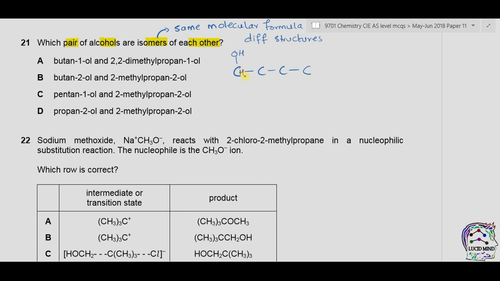Rest are hydrogen atoms. So the molecular formula is C4H10O. Second is 2,2-dimethylpropan-1-ol, so in the long chain we have 3 carbon atoms as it is propane, and on the second carbon we have 2 methyl groups attached, while on the first carbon we have the alcohol group present.